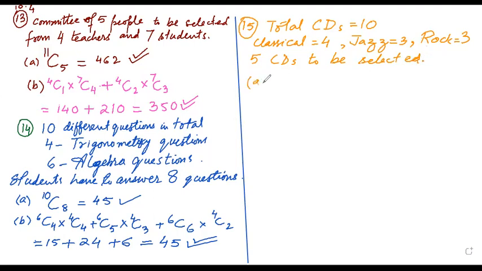So part A, 5 CDs has to be selected out of the total. The total are 10. So the answer is 10C5. So 10C5 means 252.